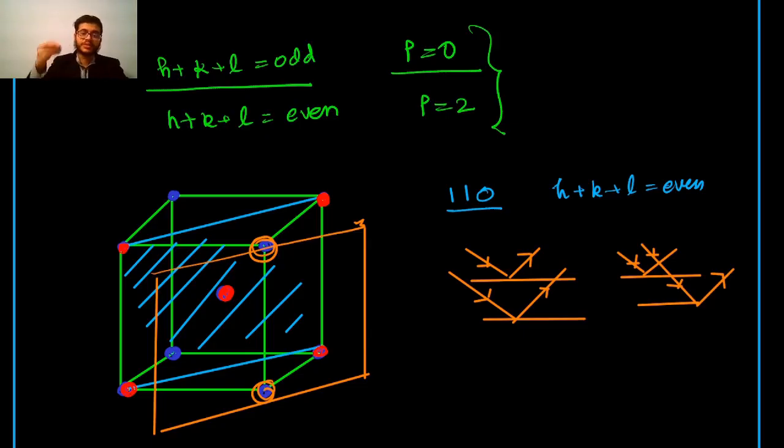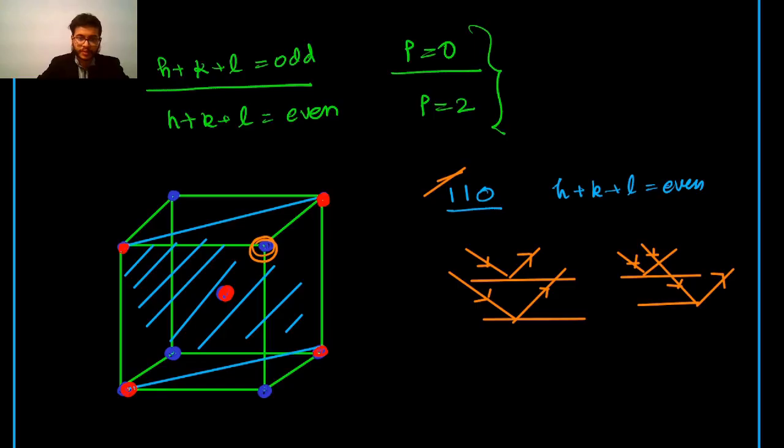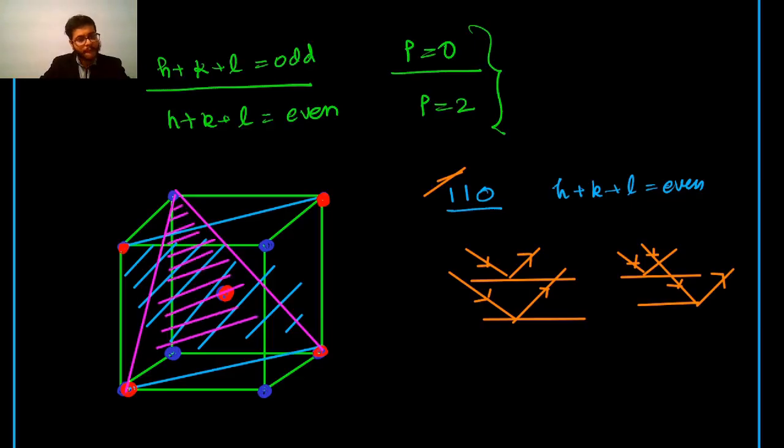And it turns out that for BCC this will be allowed, but if you take, for example, a 111 plane, let me erase these things. So the 111 plane, let me draw it in pink. The 111 plane only contains these points.